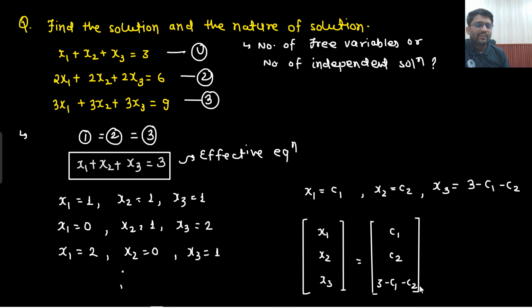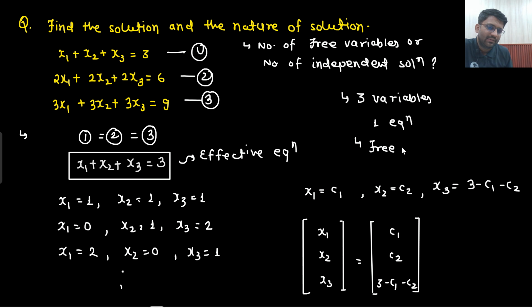Tell me the number of free variables. 3 variables are there, and one equation is given.